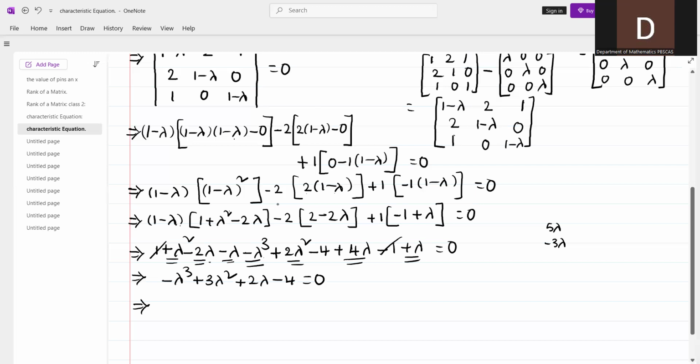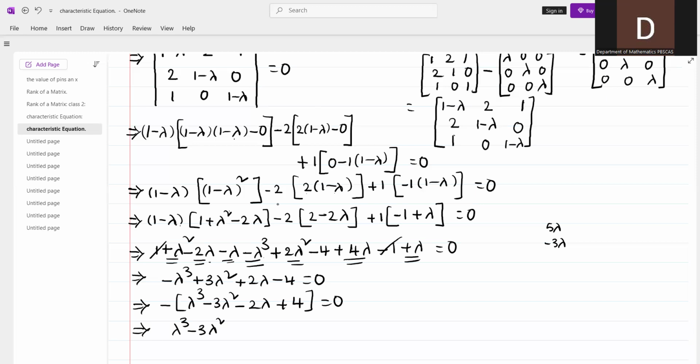Take minus common, ganaka తీసేస్తే lambda cube minus 3 lambda square minus 2 lambda plus 4 is equal to 0. ఈ మైనస్ ని ఇటు పంపించేస్తే minus lambda cube minus 3 lambda square minus 2 lambda plus 4 is equal to 0.